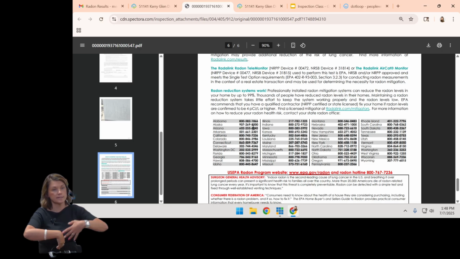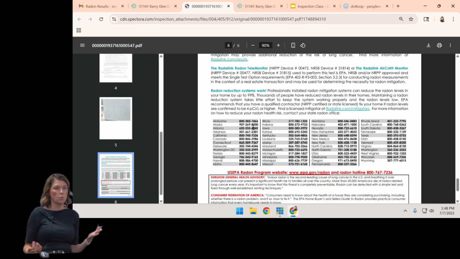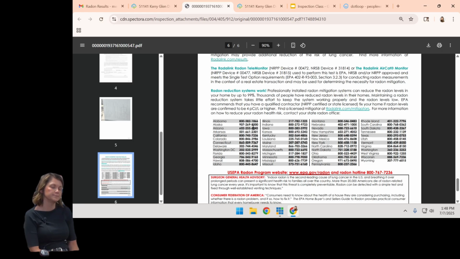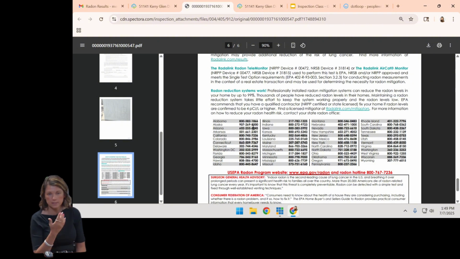On a day where it's nice and sunny, especially if it's like 4.1, I'm trying to reduce that 0.1 to get it under so we don't do a mitigation system. You may pay for a second test as a seller's agent.